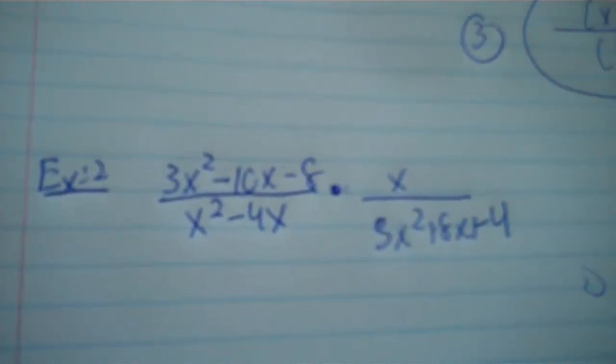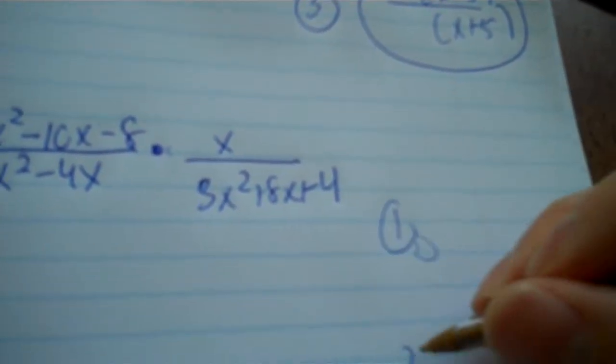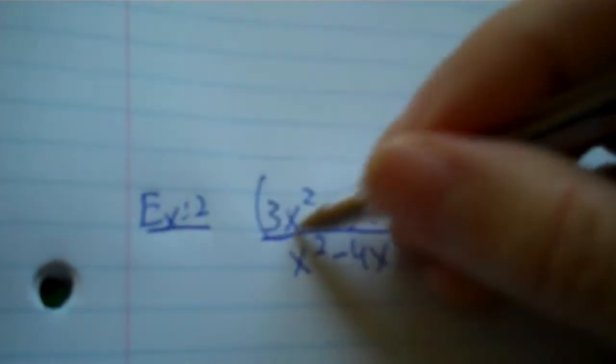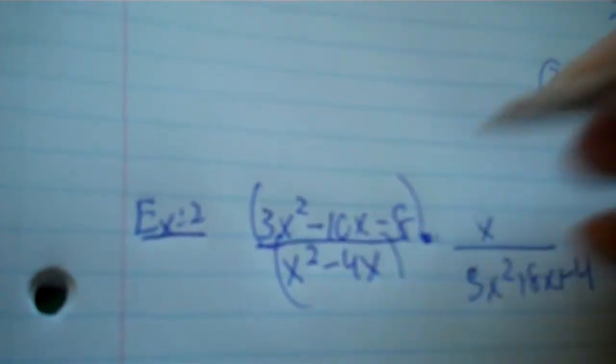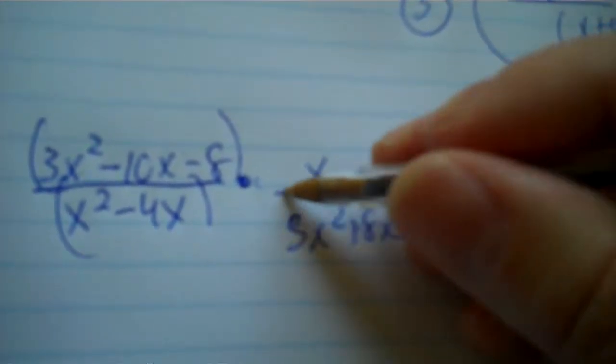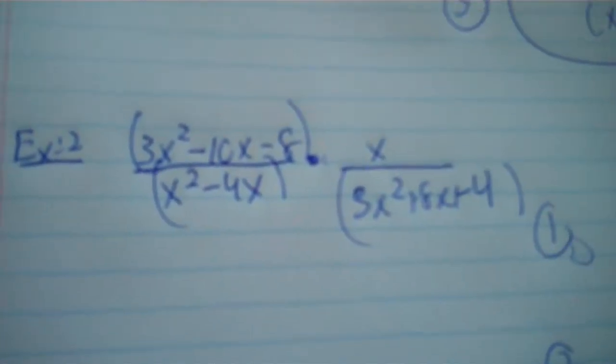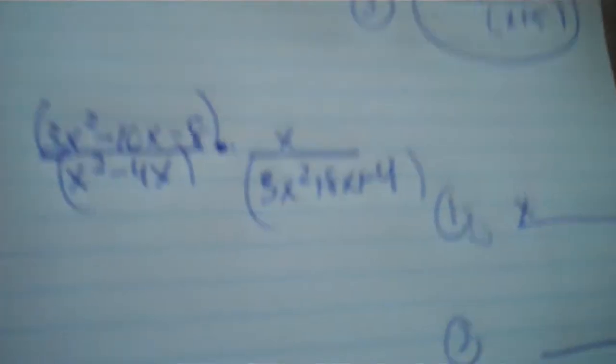We just have more expressions. So that's the 1, the 2, and the 3. So we'll need a parentheses over there and here. Not here, so I'm just going to bring that x over. But the other 3 expressions, I need to see if I can put them into factored form.